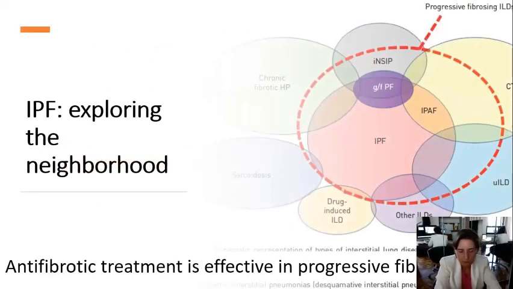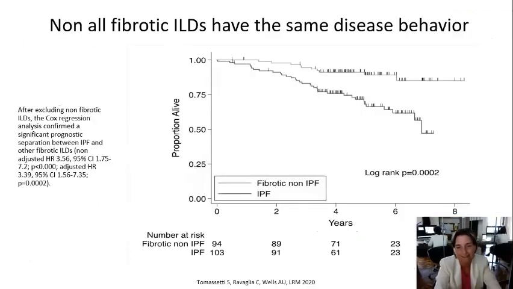Well, I want to give you a short answer to this question, and the short answer is yes, we definitely still need to discriminate IPF from the other fibrotic ILDs, and we should underline the fact that the trials were performed in patients treated according to the current standard of care, meaning immunosuppression for non-IPF cases, and that progressed despite treatment. So first line, we really cannot give up an accurate diagnosis.